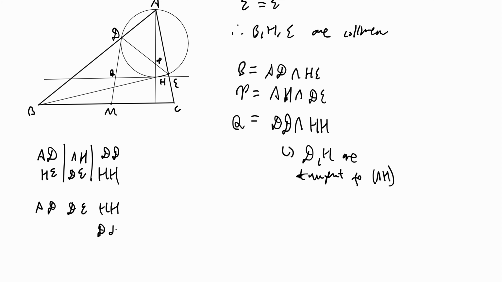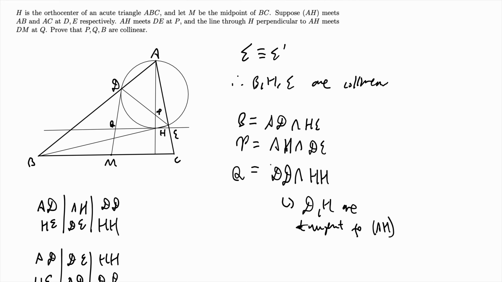We write DD because we want to match the number of D and H. So what we just did is use Pascal's theorem for the 4 and 2 more, so 6 points based on this circle.